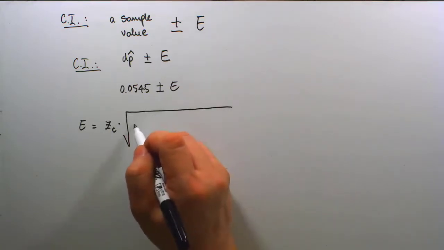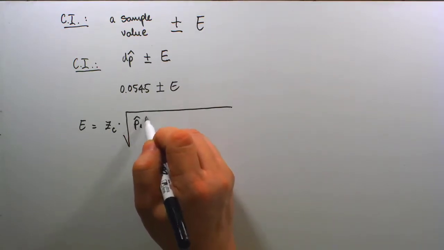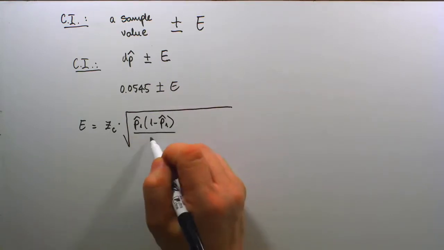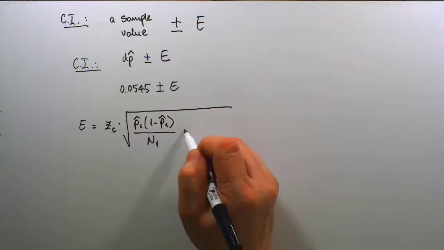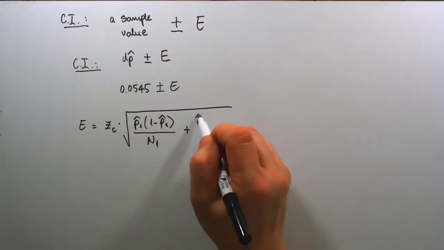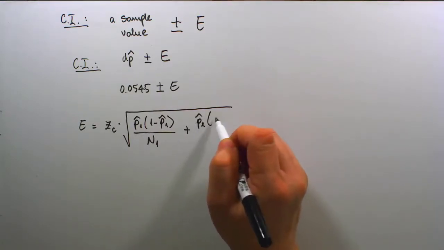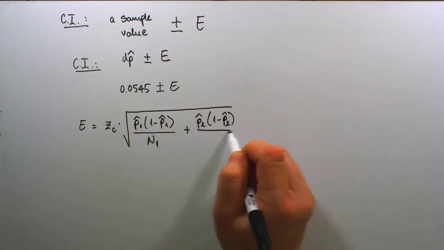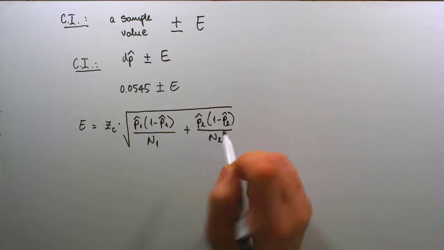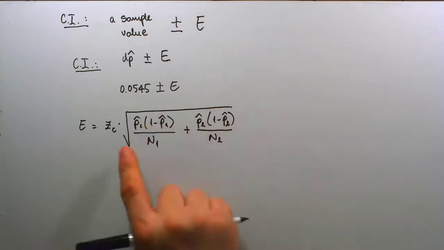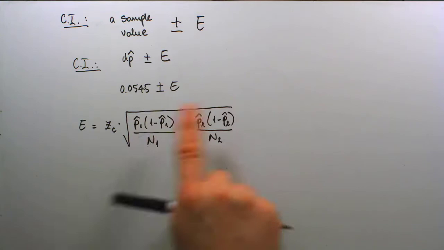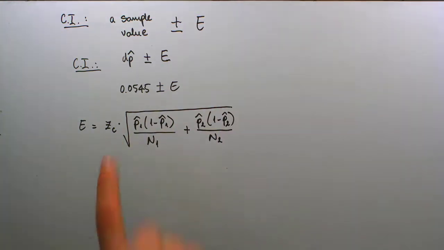And inside the square root, we have p hat 1 multiplied with 1 minus p hat 1 divided by sample size n1 plus p hat 2 in product with 1 minus p hat 2 divided by sample size n2, and all of that lengthy expression is taken inside of a square root, and the square root expression here is multiplied with z sub c.